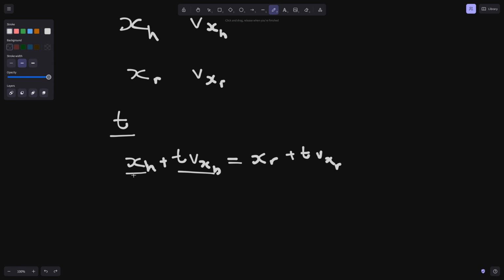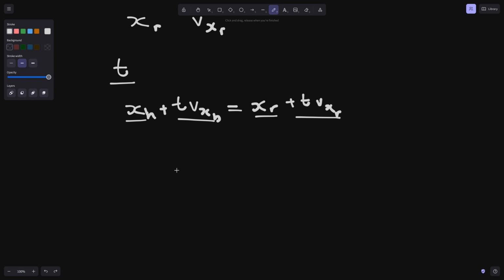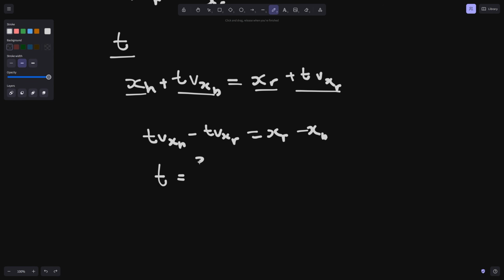So the starting position of the hailstone plus time times the velocity must be the same as for the rock. If we rewrite this a bit, we get that t vxh minus t vxr is equal to xr minus xh, and so t is equal to (xr minus xh) over (vxh minus vxr).